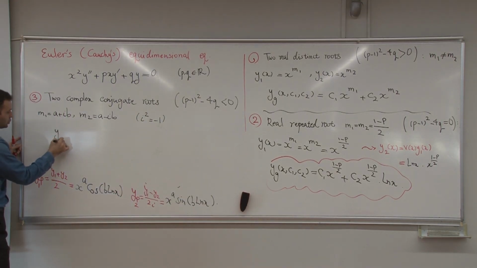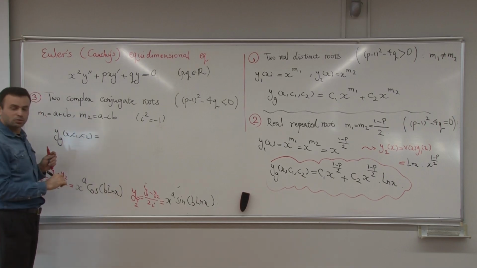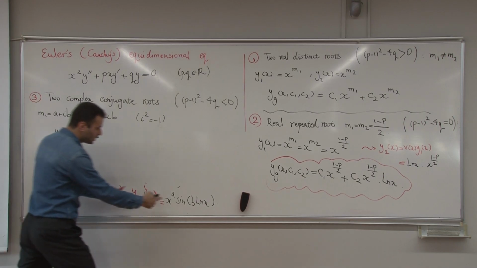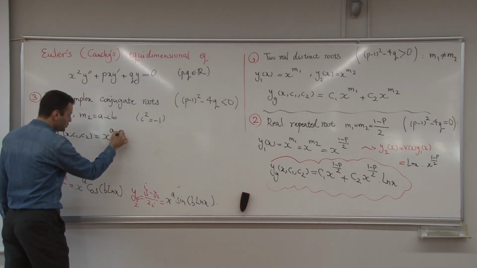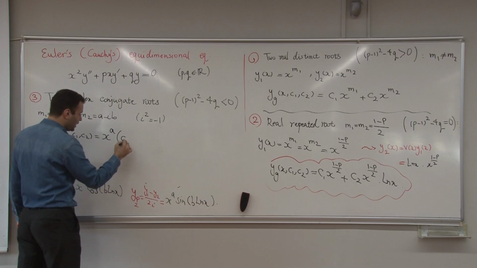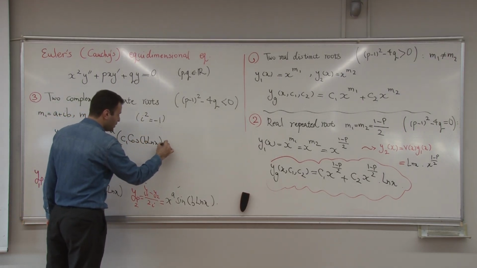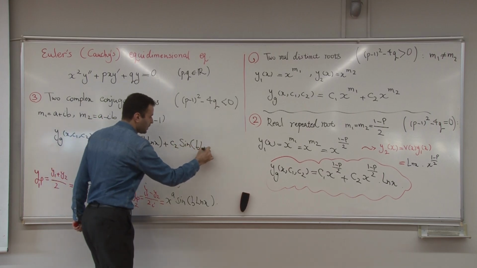My general solution in this case is going to be equal to a linear combination of this one, c1 times this one plus c2 times this one, which is x to the power of a times c1 cosine of b ln of x plus c2 sine of b ln of x.